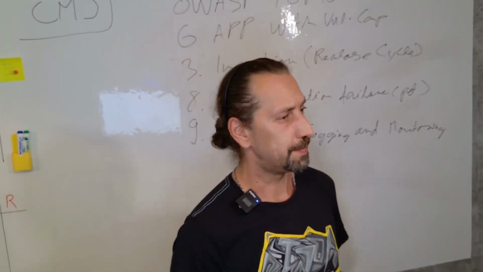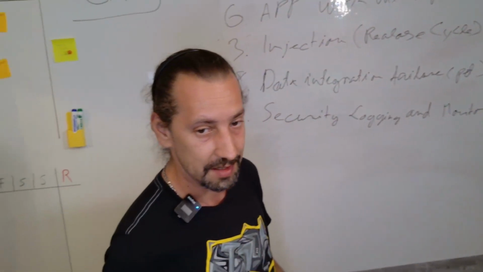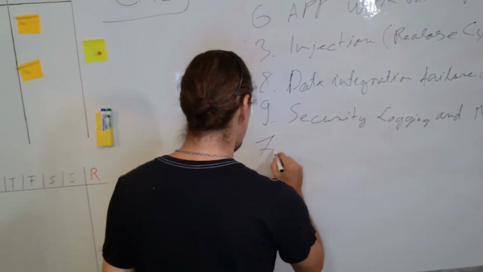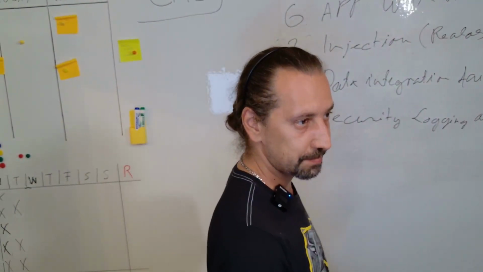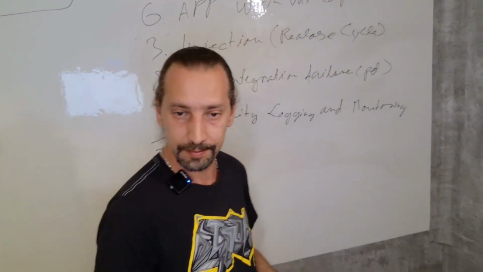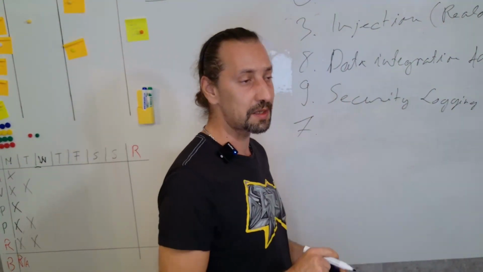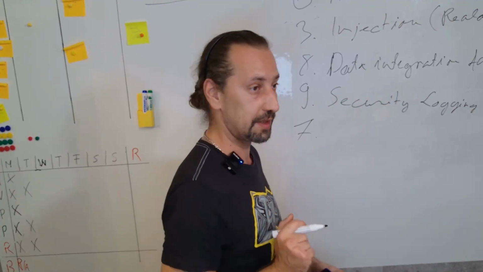So, who did what? This is a good question, yeah? This is the OWASP 7th vulnerability, identification and authentication failure.